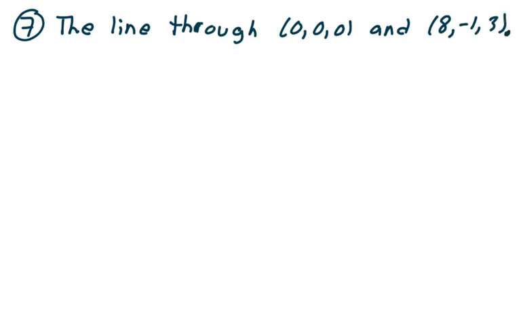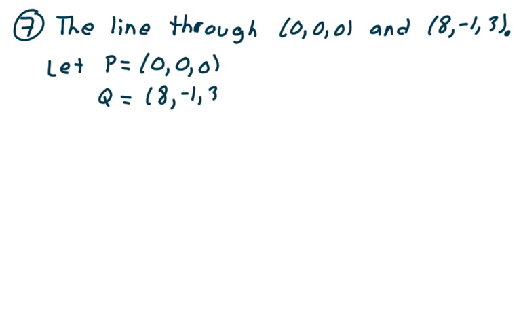So we'll do that one. I'm going to do something very similar to number 6. I'm going to let P equal (0, 0, 0), and I'm going to let Q equal the ordered triple (8, -1, 3).